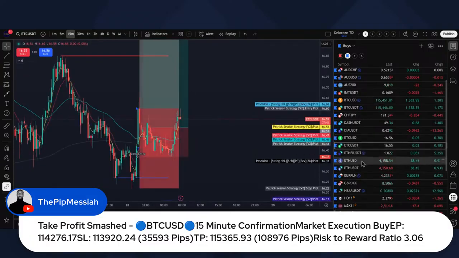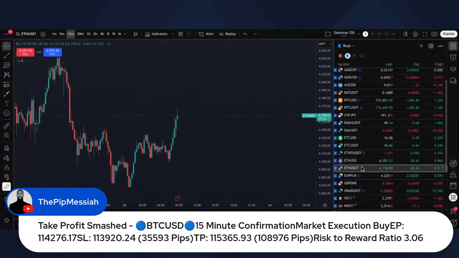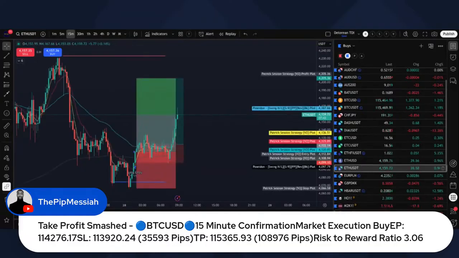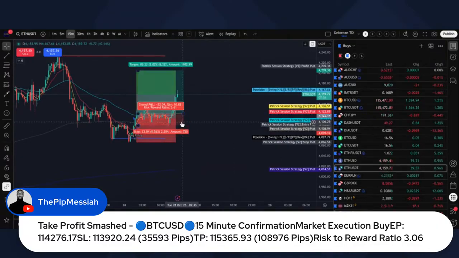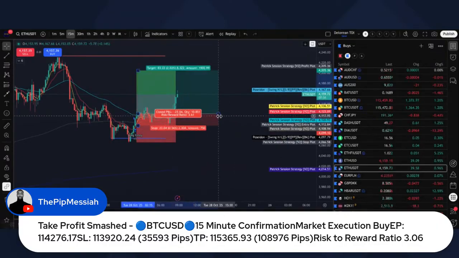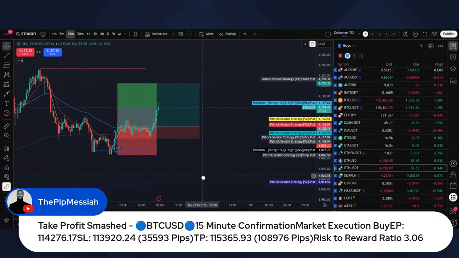They're not as far in profit. Ethereum is about halfway there. So we'll park our way looking at that. So if you're in Ethereum, you can move your stop loss to entry price to lock in your profit.